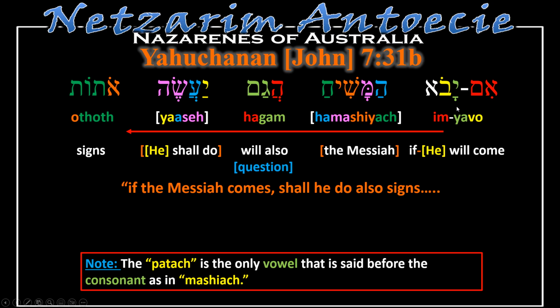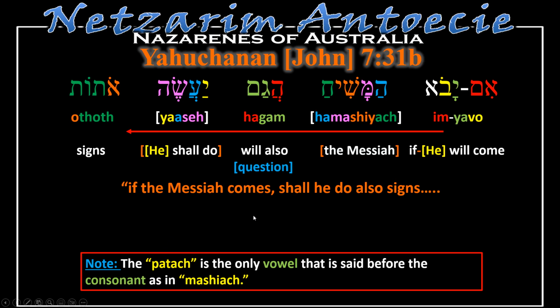Im, yavo, if he will come, there's an imperfect form with the yod, and no pronoun, we can insert he. If he will come, and then who, HaMashiach, the Messiah, hagam, will also, because it's a questioning hey, will also, ya'aseh, he shall do, otot, signs.